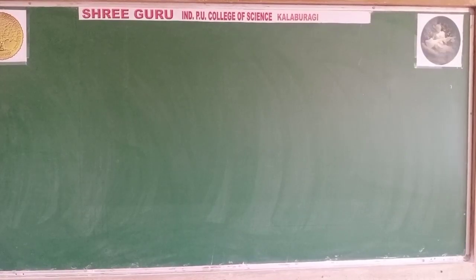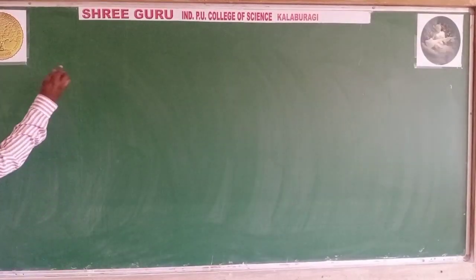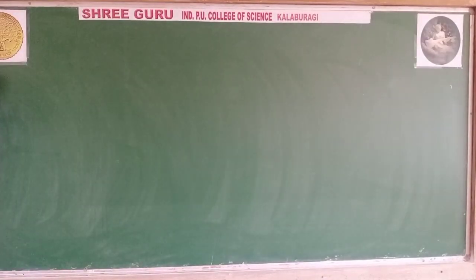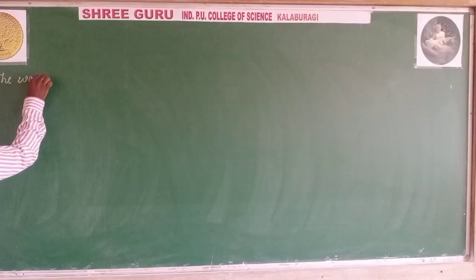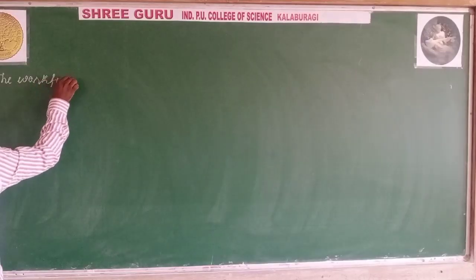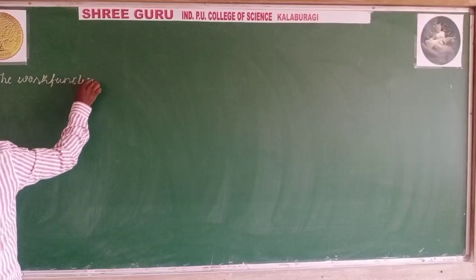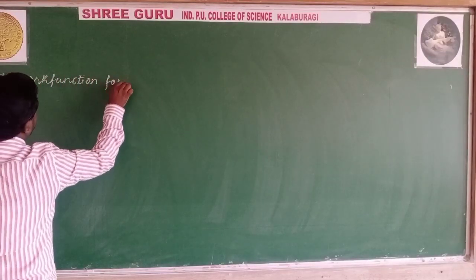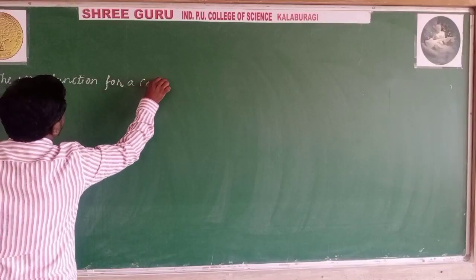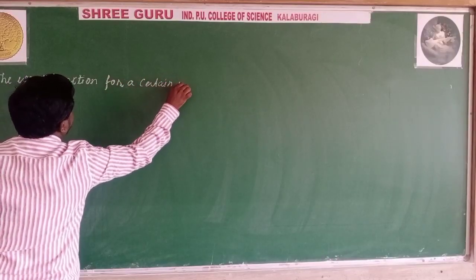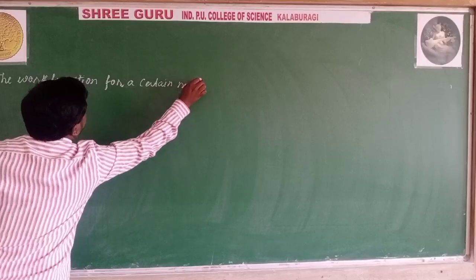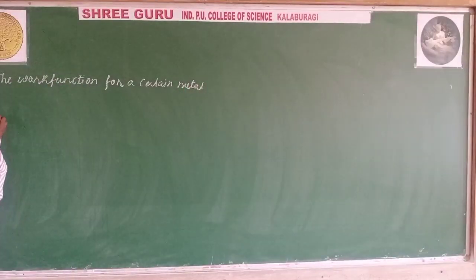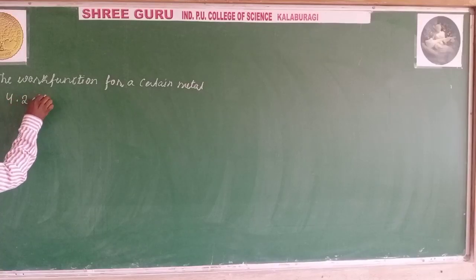The next question: the work function for a certain metal is 4.2 electron volt.